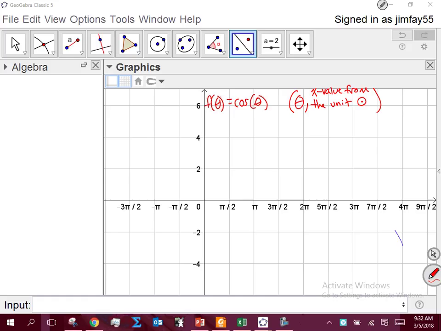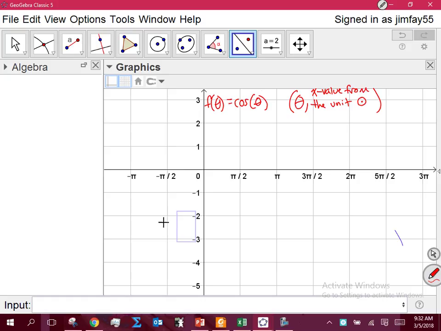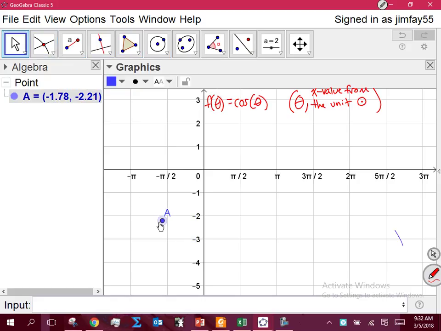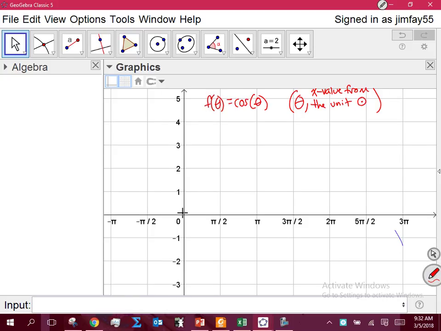Again, what I like to do every single time that we graph these is to start at the first point on the unit circle that we're comfortable with, and I think that's an angle measurement of 0. So I'm going to start talking about theta instead of t.